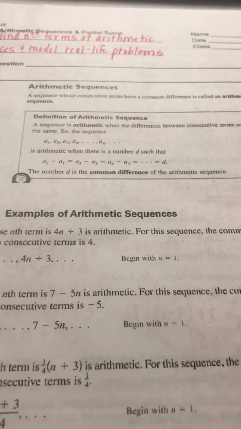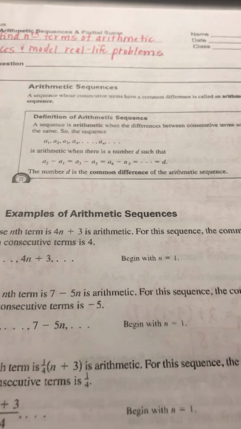So on example 1, these are just some examples. There's no work here. But if you wanted to know if something was arithmetic, you would take the second term minus the first term. So 11 minus 7 is 4. 15 minus 11 is 4. 19 minus 15 is 4. So you would say yes, D equals 4.